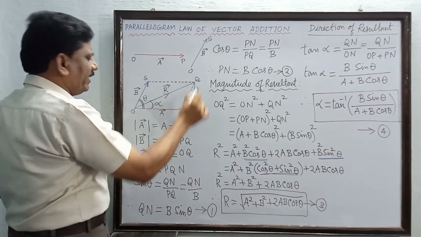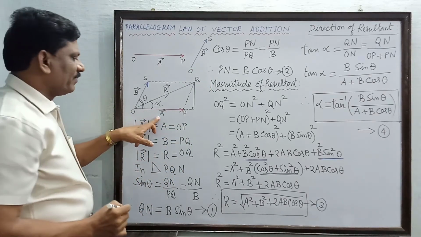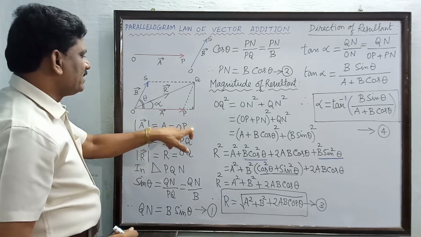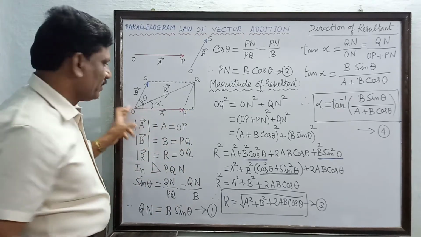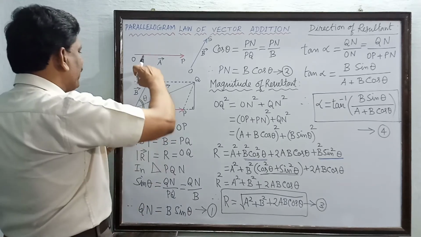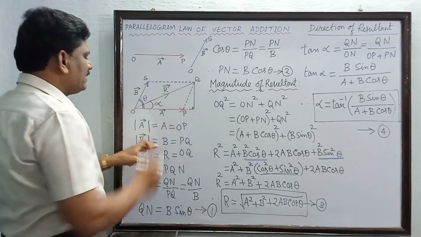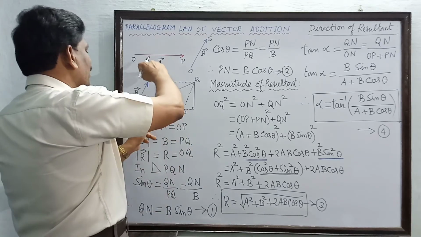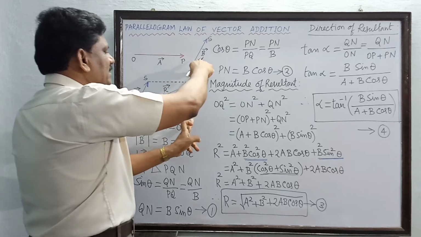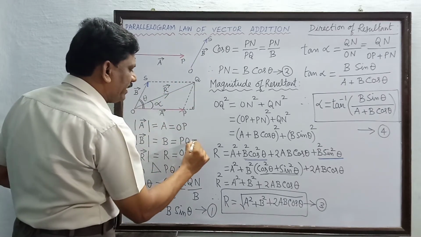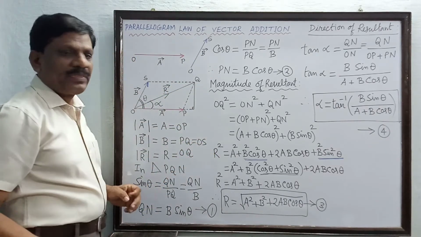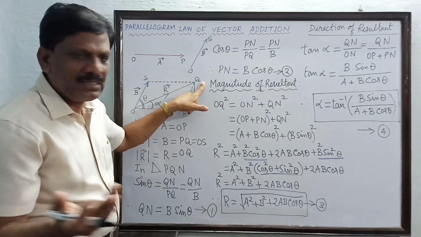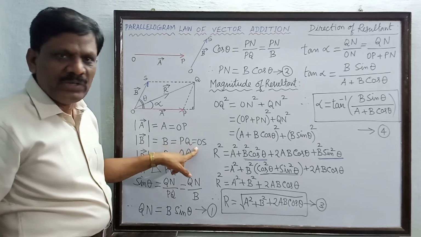So I will write first the magnitude of the vector A. The magnitude of the vector A is the modulus of the vector A, that is equal to the length of the side OP. Now the modulus of vector B, is equal to the magnitude B, and that is equal to the length of the side OS. But OS is parallel to PQ, so I can also write this is OS. But OS is also equal to what? The length of the side PQ as before. So same step we are going to continue.